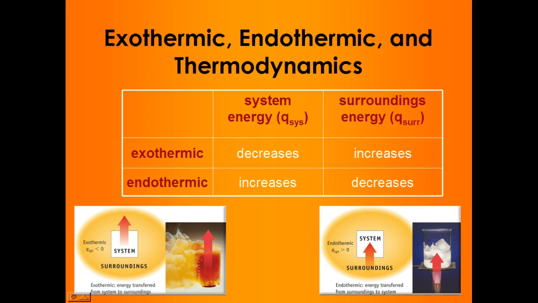So because the system is taking in energy, it is going through an endothermic change, while outside of the system, what is giving off the heat is getting cooler, and that would be the surroundings, and they are going through an exothermic change. So you would expect to see the temperature of the surroundings decrease when you have an endothermic change, and the temperature of the surroundings increase in an exothermic change.